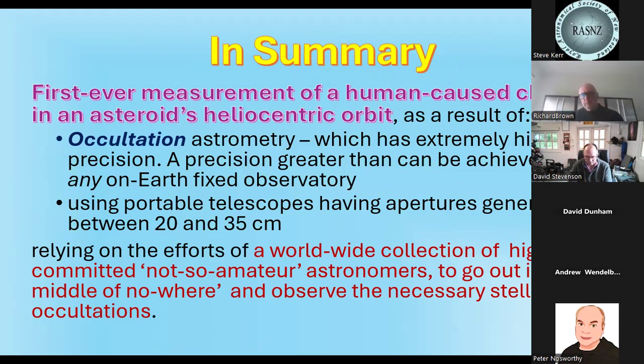The acknowledgements at the end of the paper list all the observers, a worldwide collection of highly committed, not so amateur astronomers going out into the middle of nowhere to observe this. I like the phrase not so amateur astronomers.